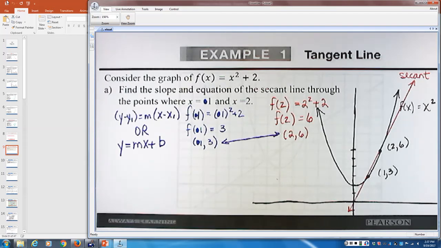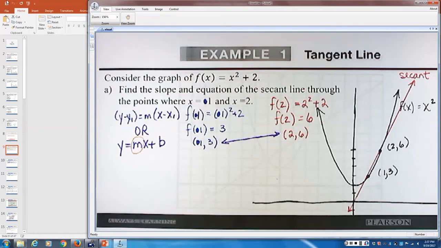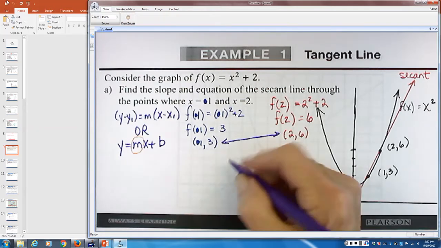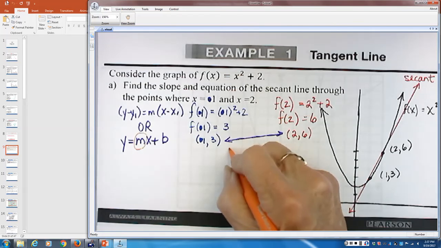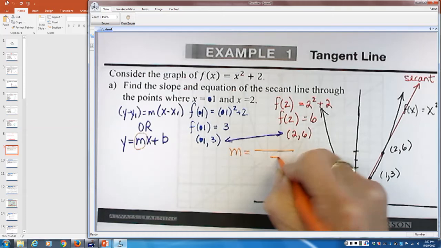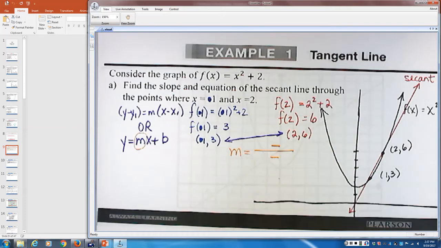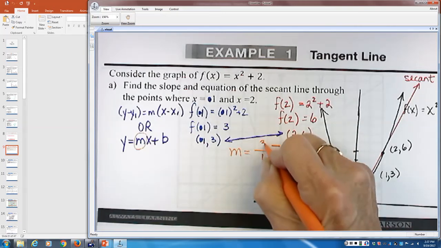If I can find m, I'll fill in the slope. And m's not too hard to find, because m is the difference in the y's on the top and the difference in the x's on the bottom. So this point, the x that goes on the bottom would be 1, 3.